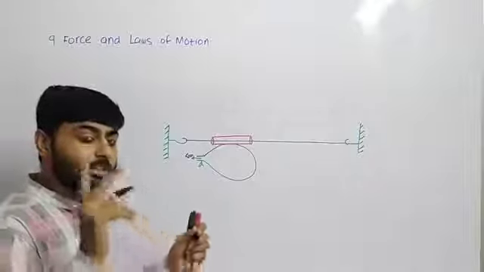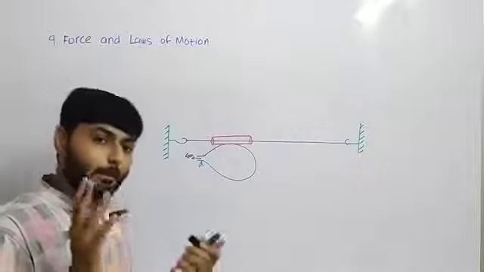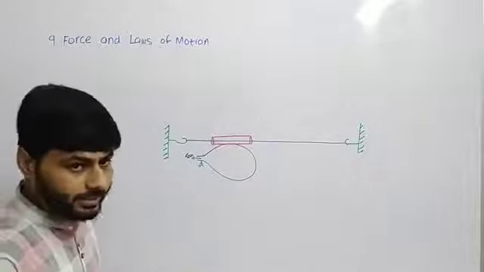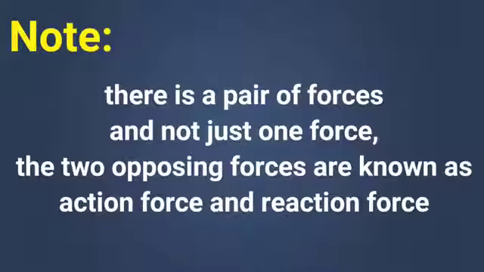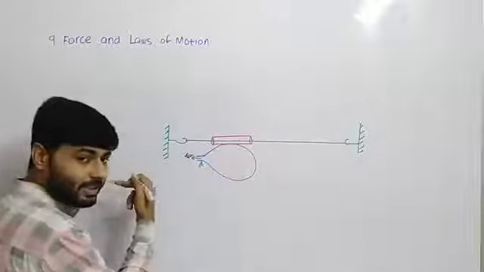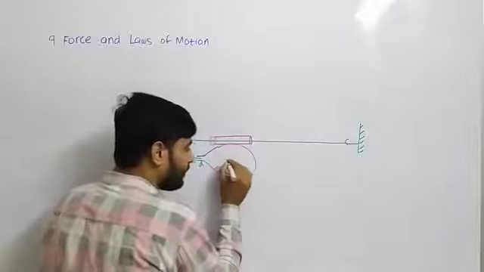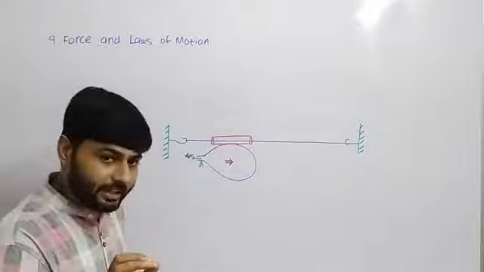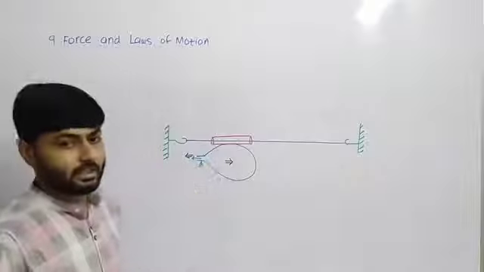There is always a couple of forces. There is always a pair of forces, and this pair or this couple is always in opposite direction. So if one force is in this direction, obviously the other force will be in this direction, that will be equal in magnitude and opposite in direction.